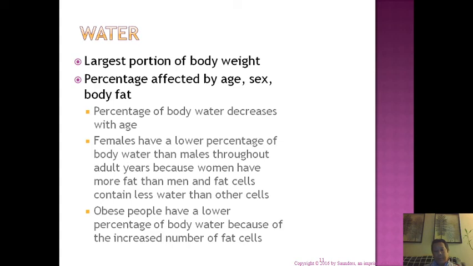by some hormones secreted by your gonads, like estrogen and progesterone, that help distribute body fat all over the body.